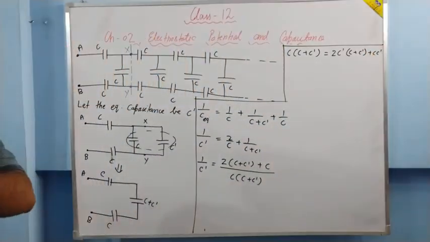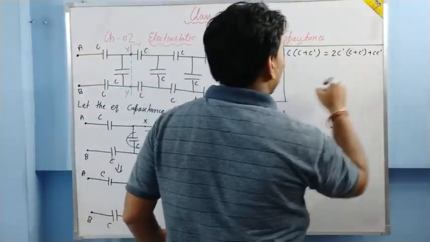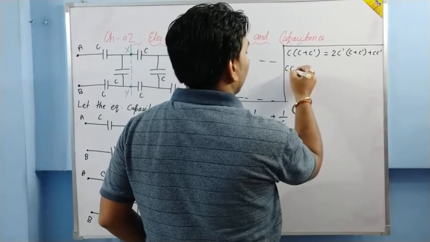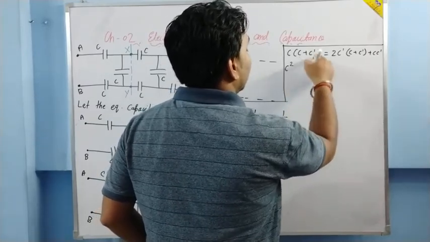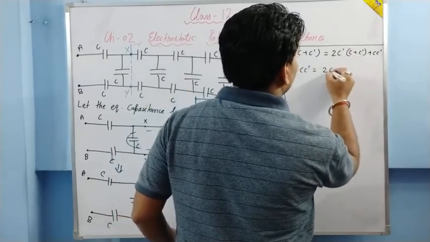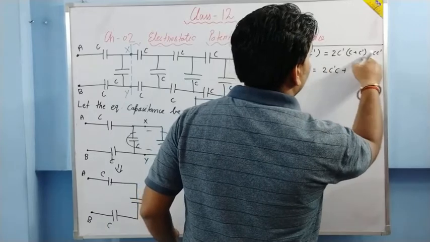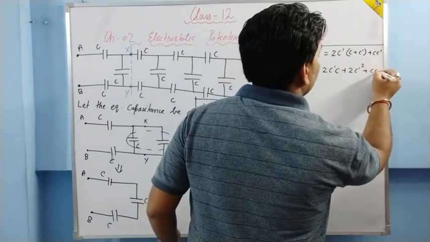We have to get the value of C dash, right? Now multiply C over here, multiply this over here, we will have CC, means C square obviously. It will be C square plus CC dash is equal to 2C dash square plus 2C dash C plus CC dash.